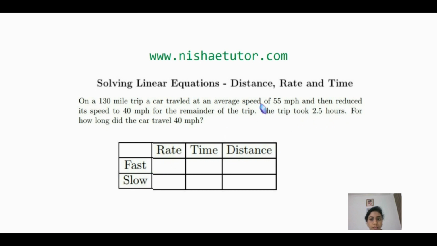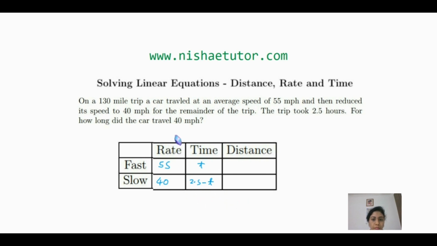So first, the speed is 55 miles per hour, and then 40 miles per hour when the speed reduced. Let the fast time be t, and the slower time, since the total time is 2.5, is obviously 2.5 minus t, right? So the total time it took is 2.5 hours.